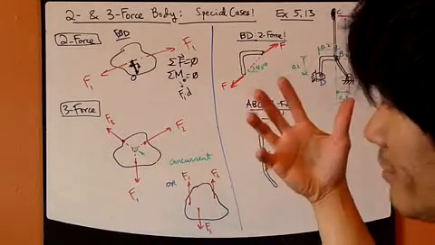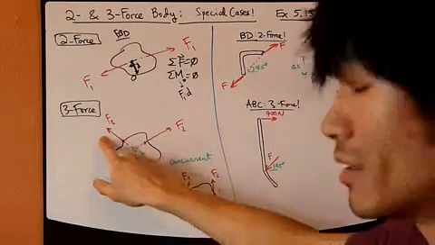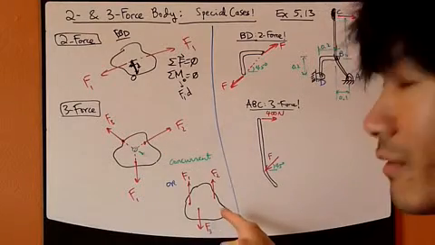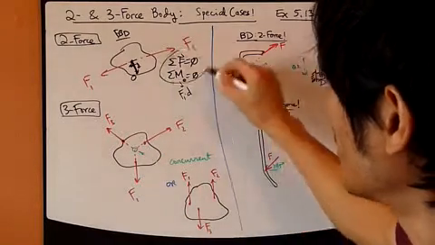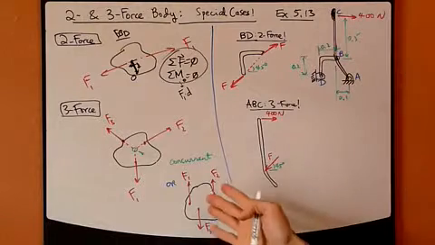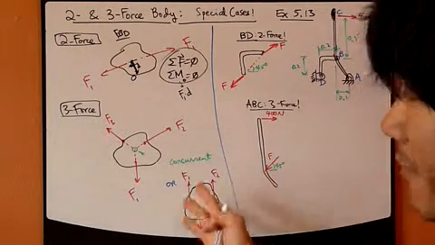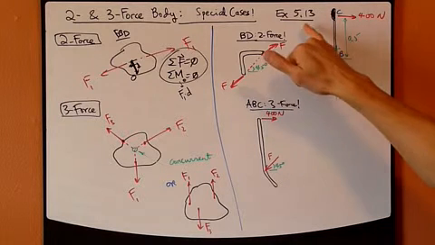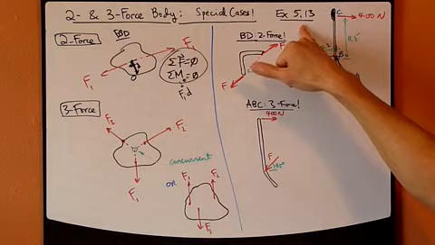Or, if two of them are parallel, then the third must also be parallel to the other two, like this. So these are the only ways where these two equations are satisfied for the rigid body to be in equilibrium.